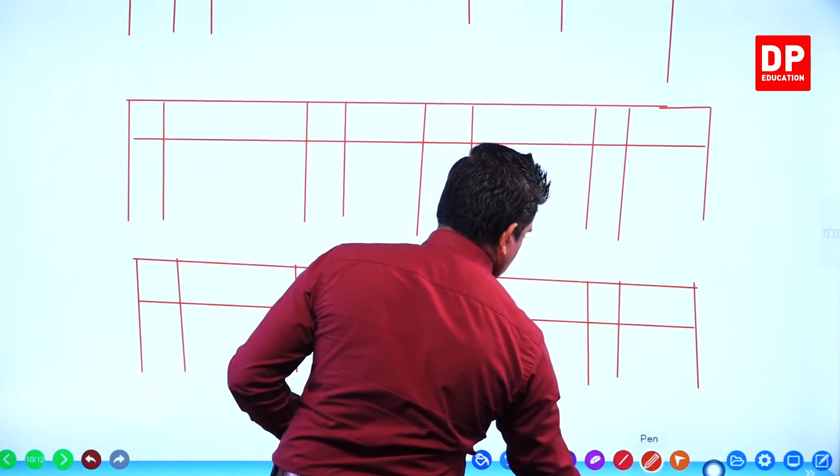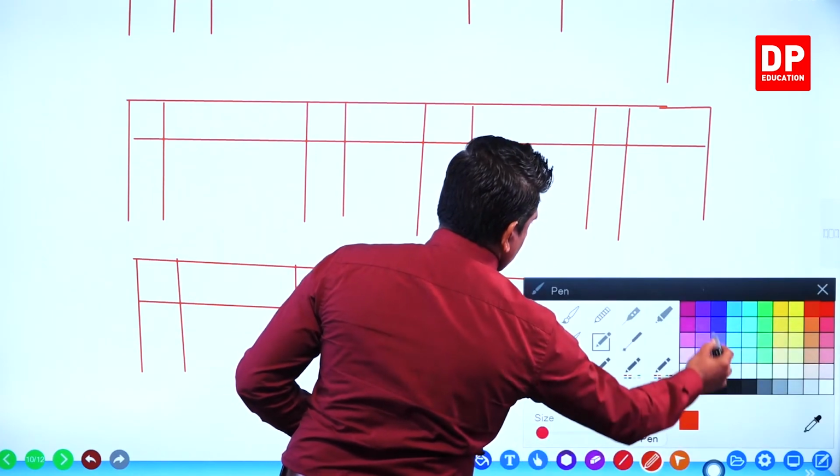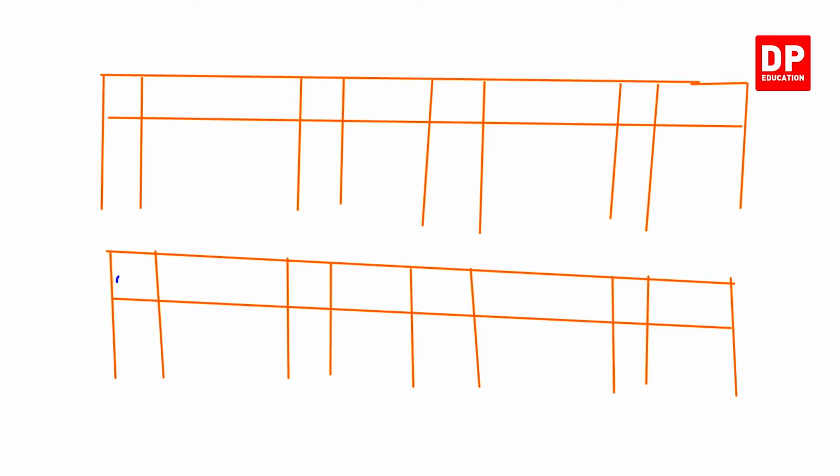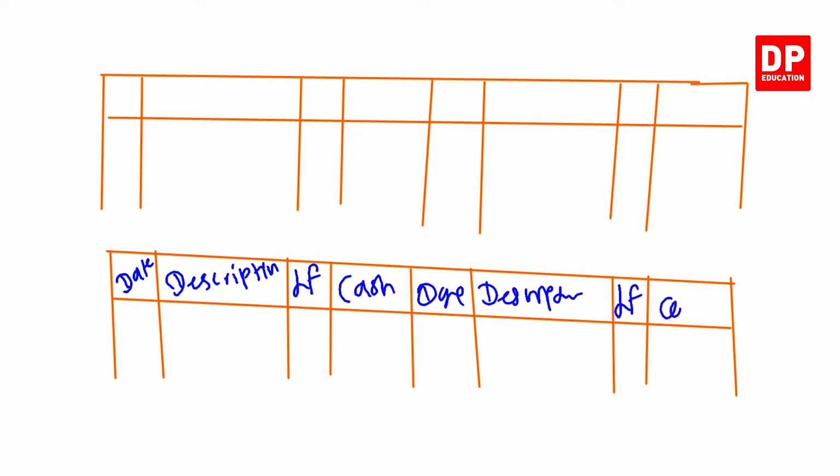Okay, now you can name them: date, description, ledger folio, value or cash, right? Date, description, ledger folio, cash.